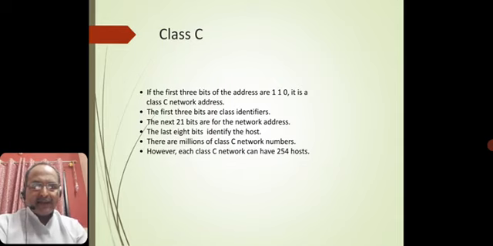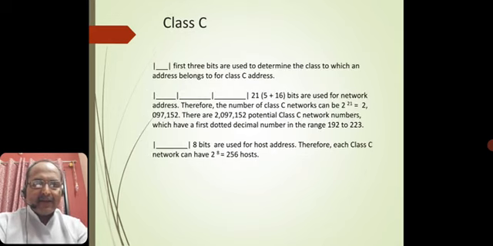There are millions of class C network numbers. However, each class C network can have 254 hosts. Further, in class C, the first 3 bits are used to determine the class to which an address belongs.